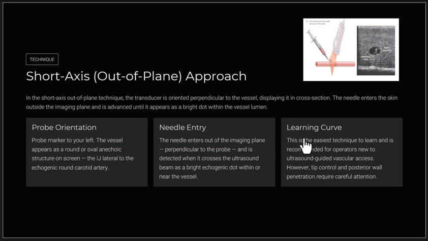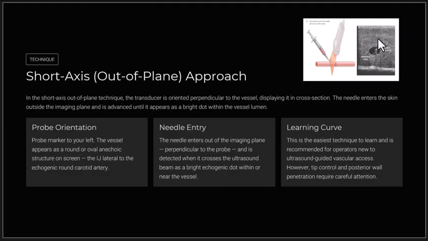Now, the trick is having a really good idea about how to do the needle entry and how to follow the echogenic tip of that needle. So the needle is entering the imaging plane, out of plane, and it's only going to be detected once it crosses underneath the ultrasound beam, and it's going to be seen as a bright echogenic dot.